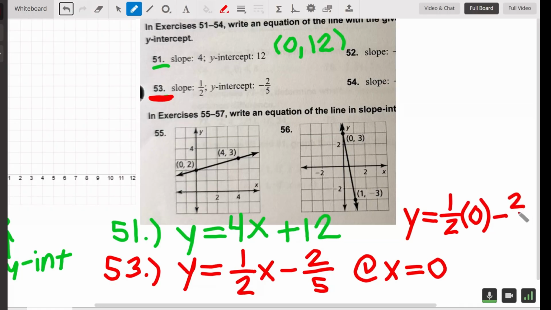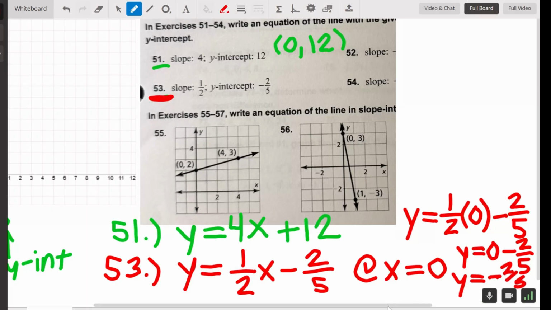That's what I wrote down. Will that give me a y equals negative 2/5? Let's see. Well, that would be y equals 0 minus 2/5. And lo and behold, that would be y equals negative 2/5. So there we go. So that checks.